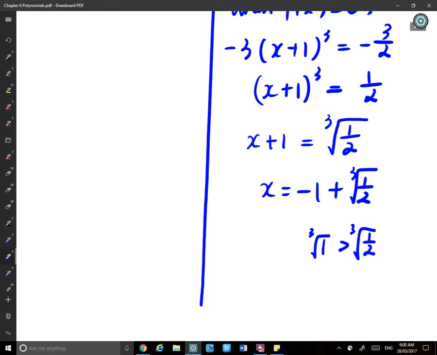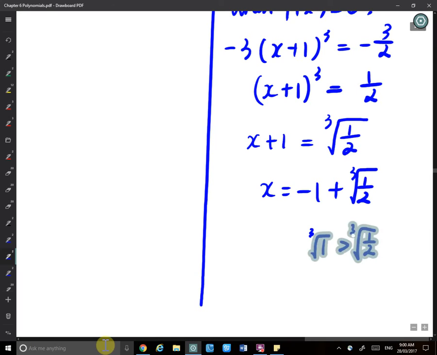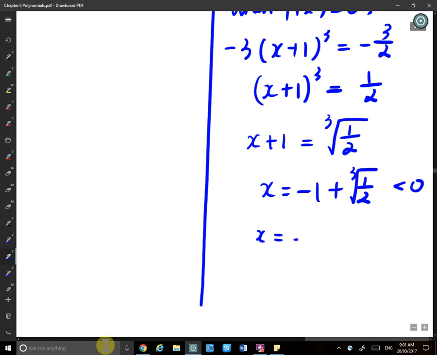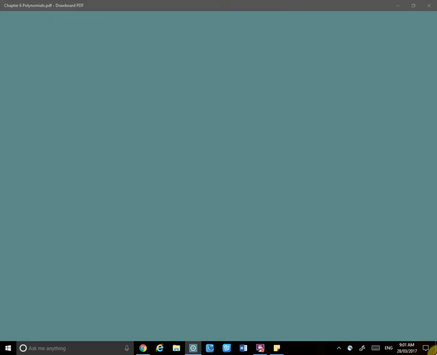The larger the number, the larger the cube root. So it's a number smaller than 1, then minus 1 plus a number smaller than 1 will still be negative. So that number is still smaller than 0. But you can't leave the cube root of a half in that form because we want to rationalize our denominator.